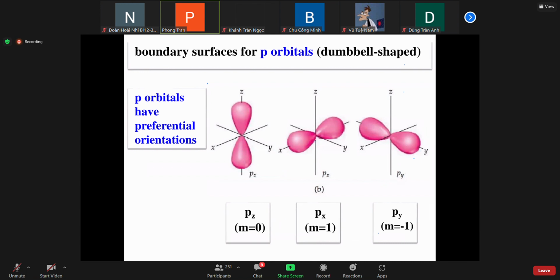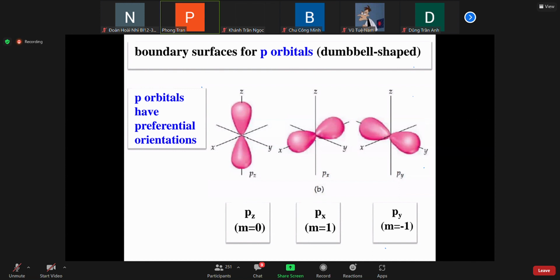Okay, so now we talk about the shape of the orbital. You know that in the previous slide we mentioned that the S orbital has a spherical shape, and in the case of the P orbital, you have a dumbbell shape, as you see here, and you know that it has three values of ml equal to -1, 0, and 1.